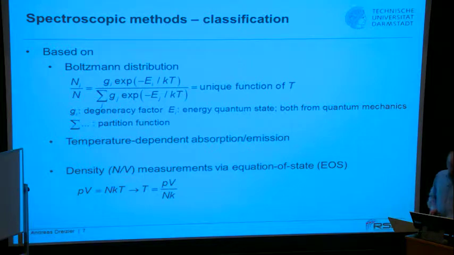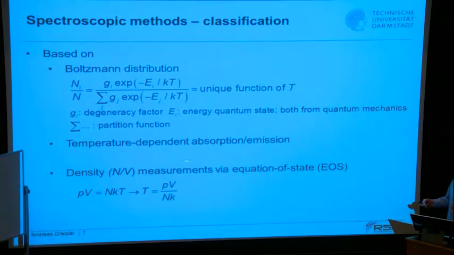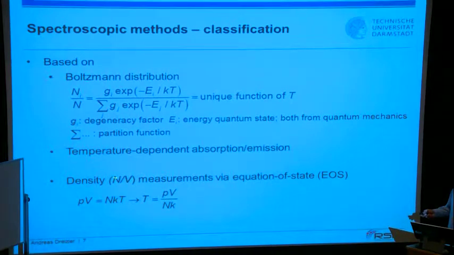Or the third is that you, as I said, use the density, meaning the number of all molecules independent of their distribution to different energy levels in a certain probe volume, in combination with an equation of state, here the ideal gas law, and then get a temperature with a known pressure, with the Boltzmann constant, and here this number density.